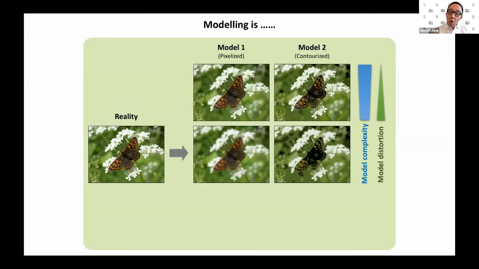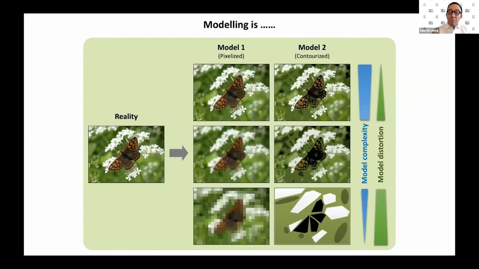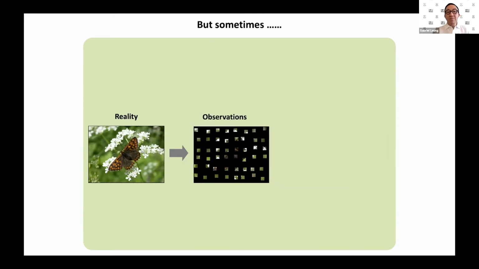Now, if you go up, you have greater complexity and therefore greater fidelity to reality, and less model distortion. Whereas if you have a simpler model, you will get much more distortion of reality. Sometimes you have a set of observations, so empirical data, and you get what you see in the middle.